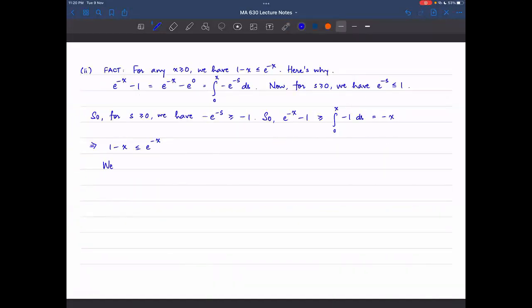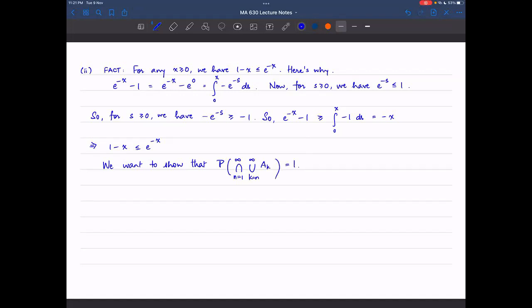So we want to show that the probability of lim sup An is 1. In other words, we want to show that the probability of the intersection, n going from 1 to infinity, of the union, k going from n to infinity, of Ak is 1.